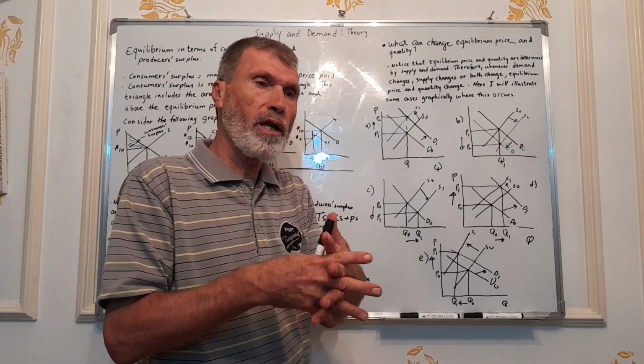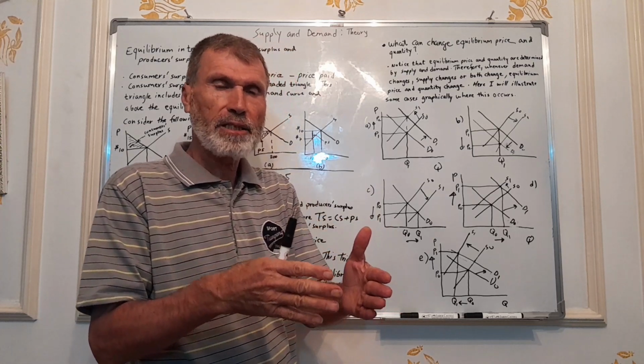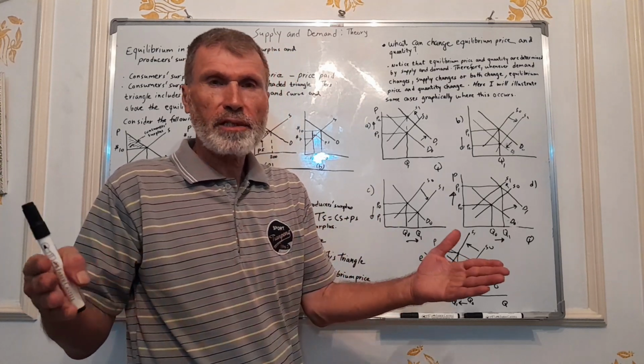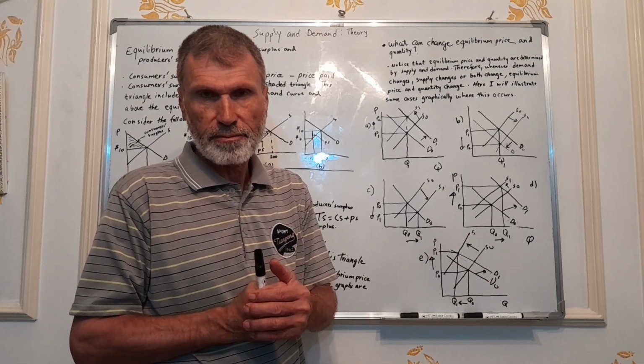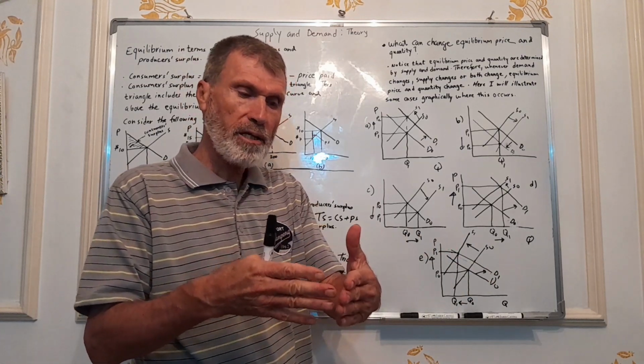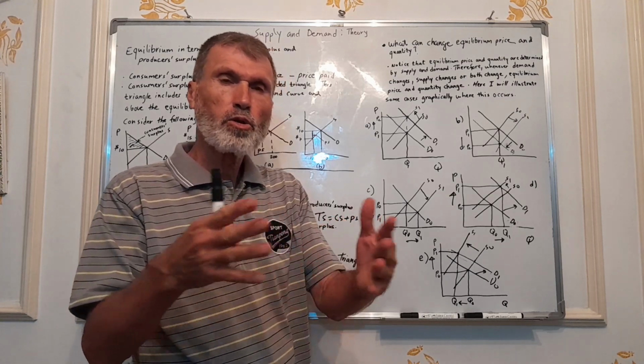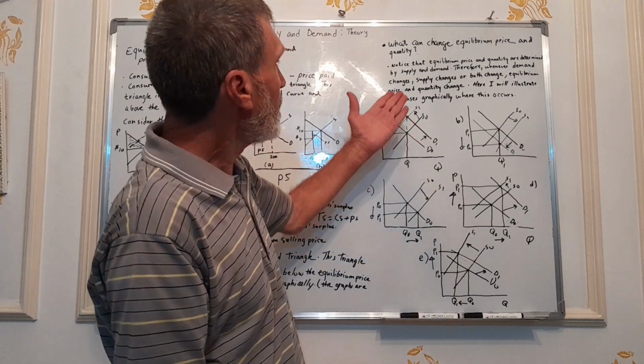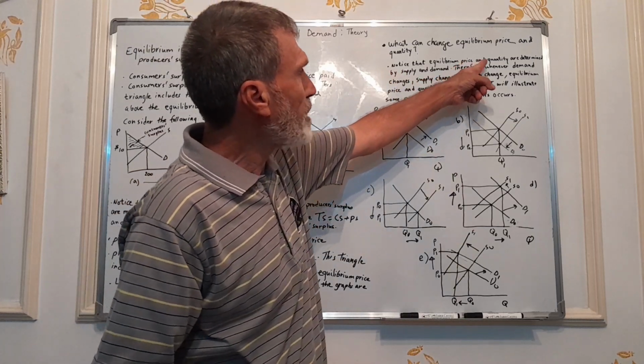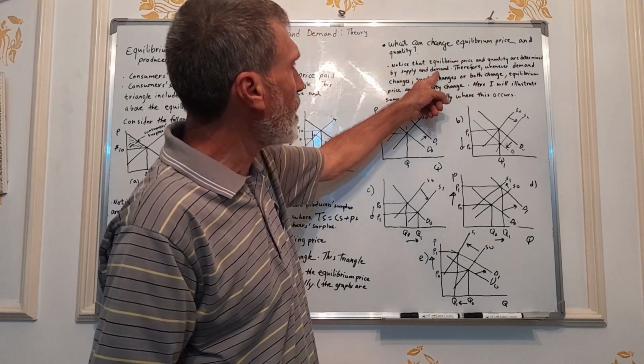If only the demand exists and the supply does not exist, we cannot have any transaction. Therefore, demand and supply are very important for the equilibrium price and quantity to be determined.